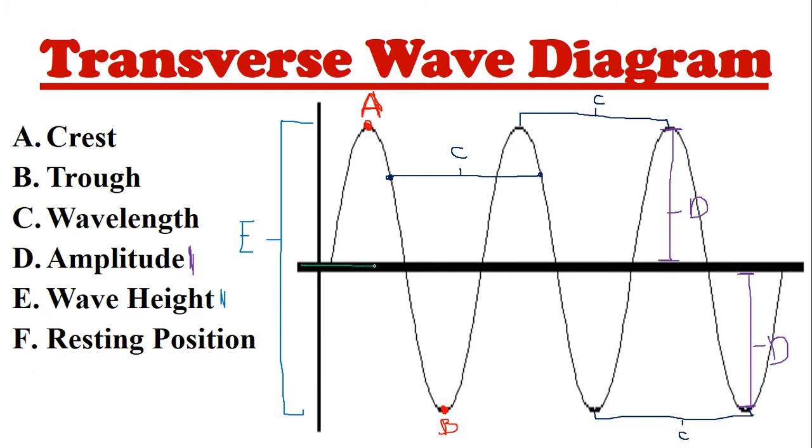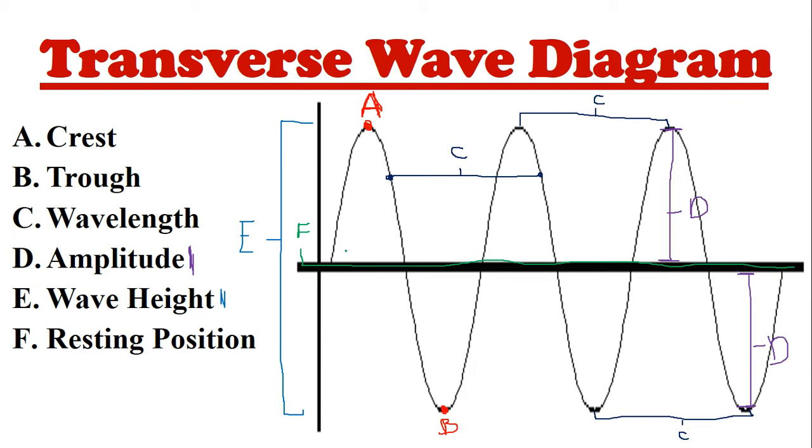This solid line right here that's in green, that is resting position. I lost my mouse real quick. Resting position is where the medium would be if there was no wave there. It's like nothing's there, it's resting, it's not moving.